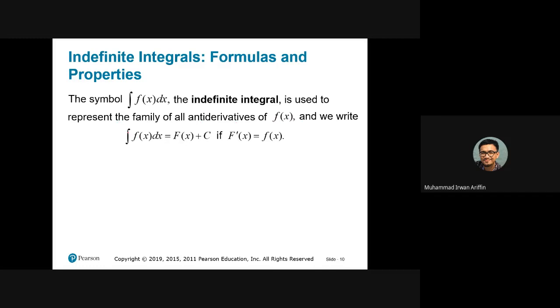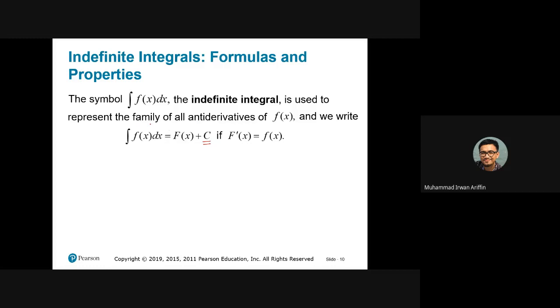We're going to write the indefinite integral of a function small f(x) equals big F plus c, provided that the derivative of big F equals small f. This indefinite integral represents all the values that c can take.